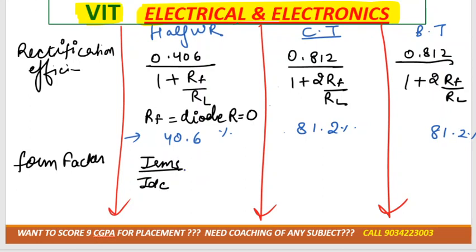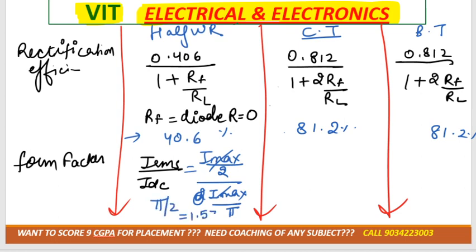Now the next formula, form factor, that is IRMS divided by IDC. Its formula is fixed. So if I want to calculate, IRMS is Imax by 2, IDC is Imax by pi, correct? So Imax cancels, it would be pi by 2, that will be 1.57. For the center tap and bridge type, it is IRMS by IDC.